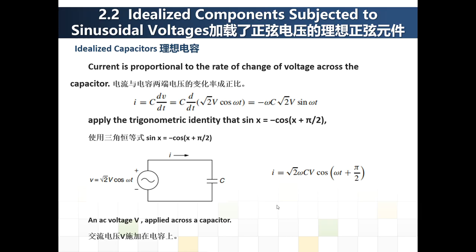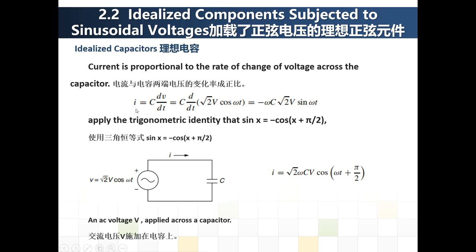So I is equal to C multiplied by dV divided by dt. Because V is a sinusoidal waveform, it is equal to the square root of 2 multiplied by V multiplied by cosine omega t.